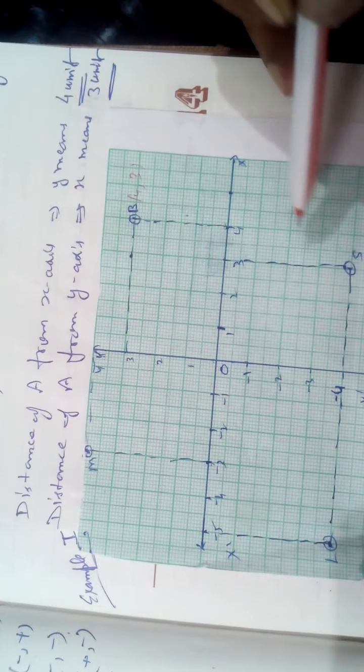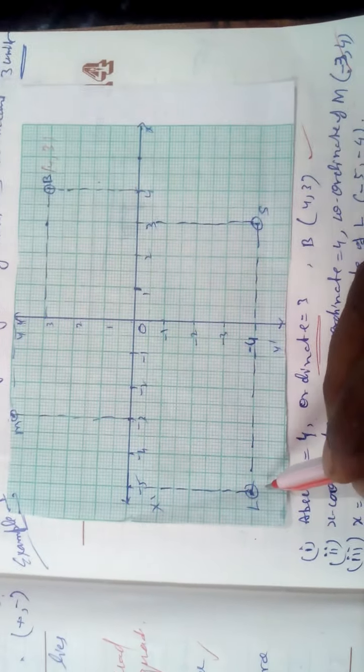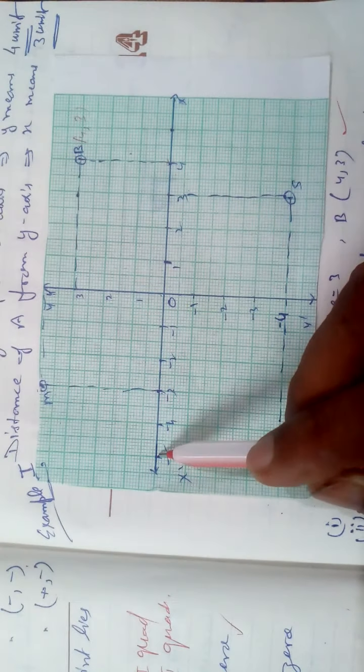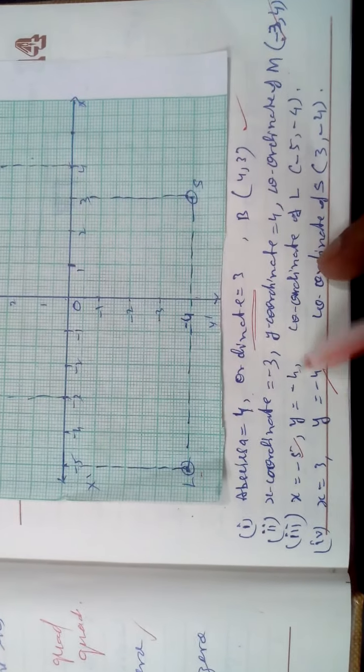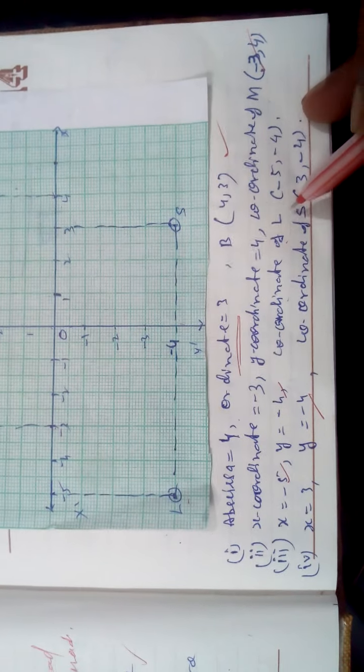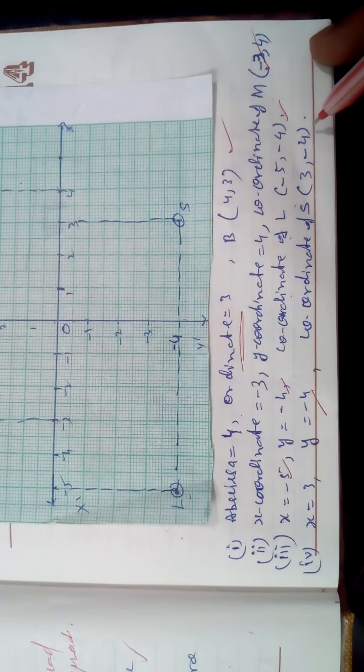Where is L? L is here. First you read x, which is -5. What is y? Y is down here, -4. So the coordinate of L is -5 comma -4.